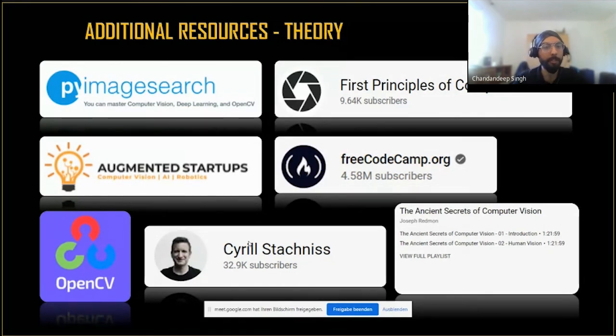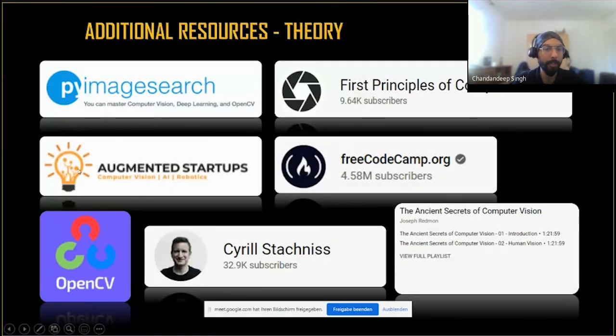But if you want to just get started with doing projects, I think for me personally, I found PyImageSearch as the best resource, where you can start to use OpenCV, computer vision, and deep learning, because they have very structured step by step guidelines on how to start doing a project. They even have tutorials on installation of OpenCV and its dependencies, because initially that could also be a problem.